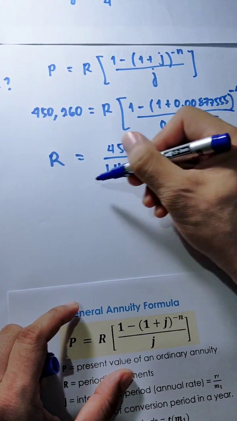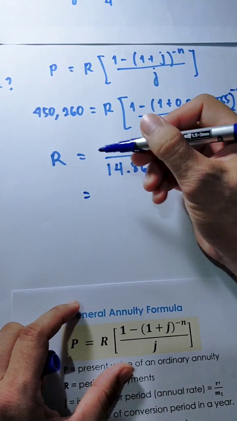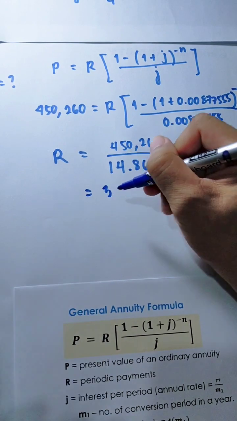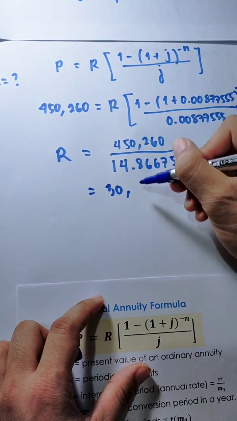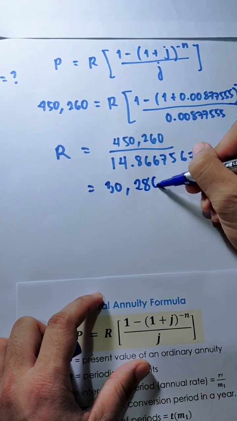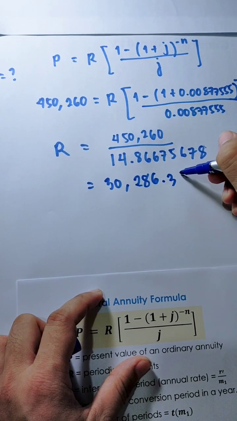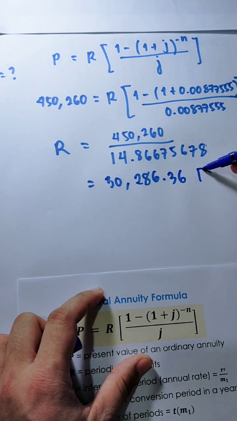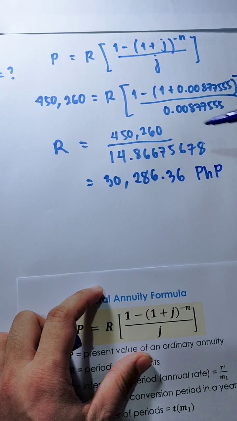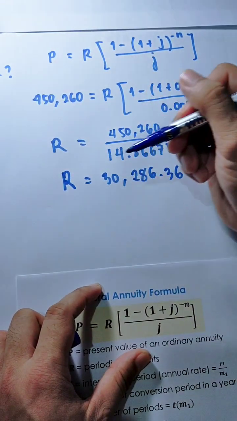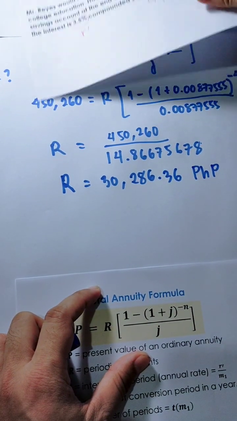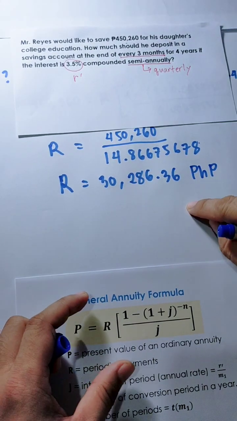And then if we divide this using our calculator, it gives us 30,286.36 pesos. So this is the deposit. This is what he needs to deposit quarterly.